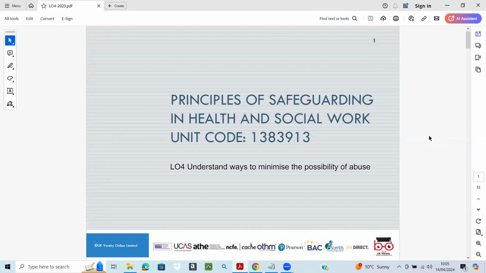Another thing is safe recruitment practices. What is safe recruitment practice? This involves thorough background checks and ensuring that new hires are suitable for roles involving vulnerable people. What is the benefit of safe recruitment practices?